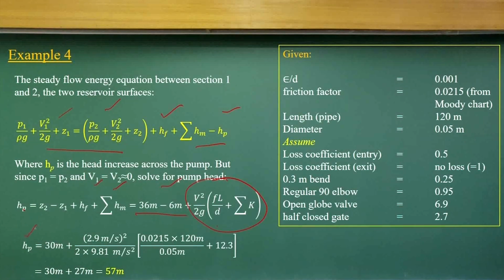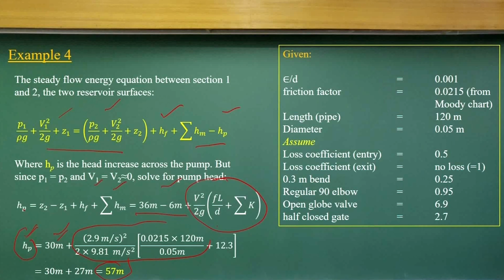Then I get the head requirement at the pump, which comes out to be 57 meters. This is the loss component, and this is the elevation, the potential head we need from 6 meters to 36 meters.